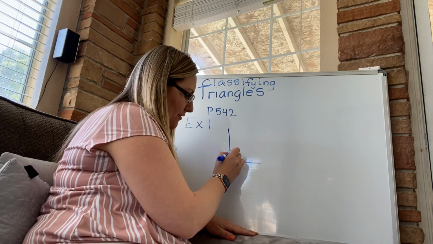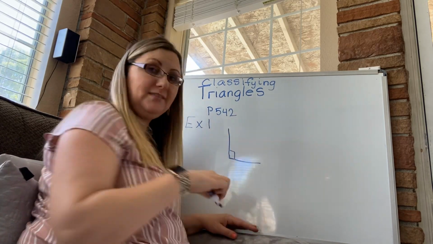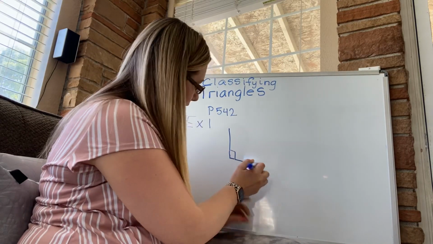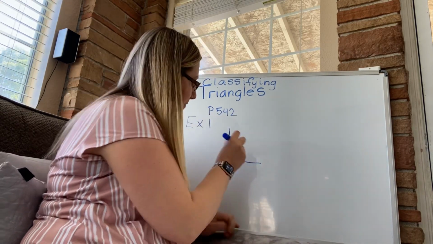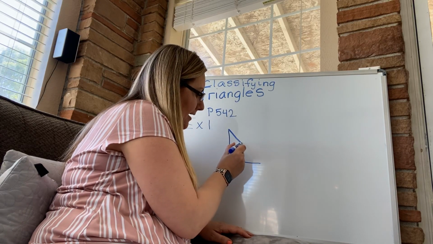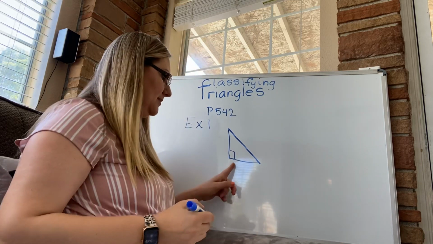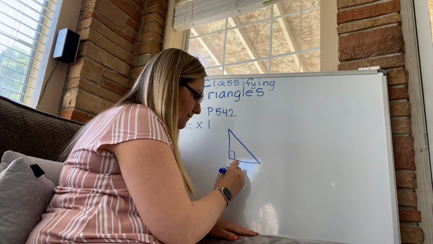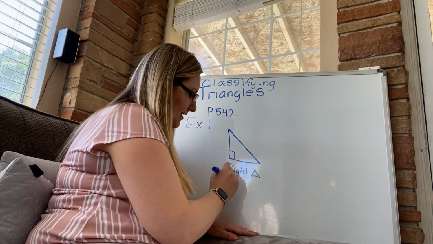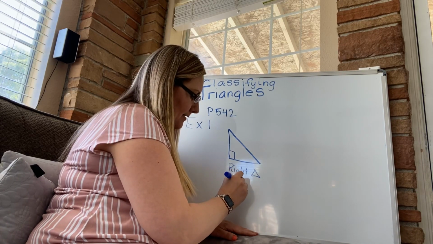So here's our right angle. And an isosceles triangle means it has two equal sides. So those look just about perfect. And then we are going to connect it. So this is a right triangle. And it is isosceles.